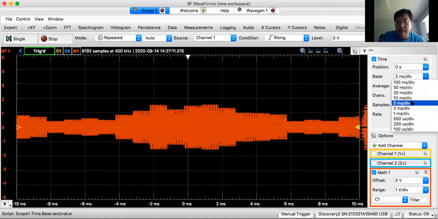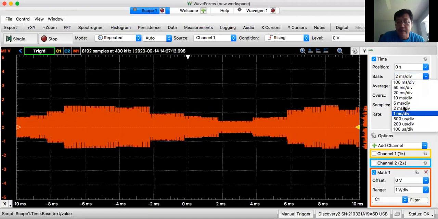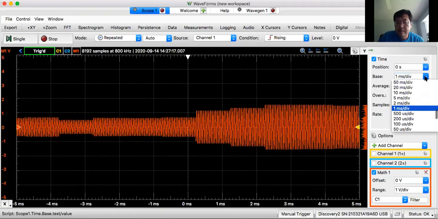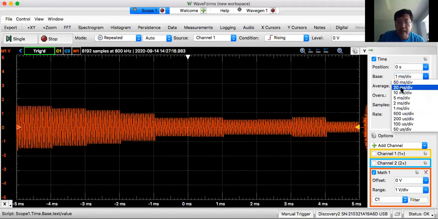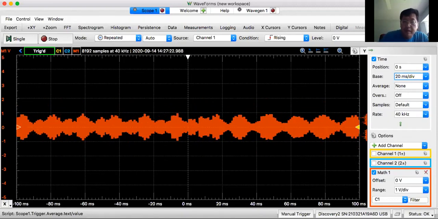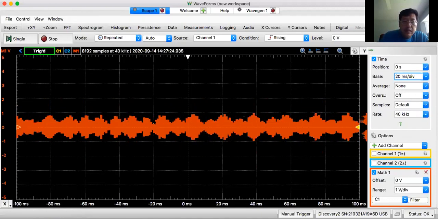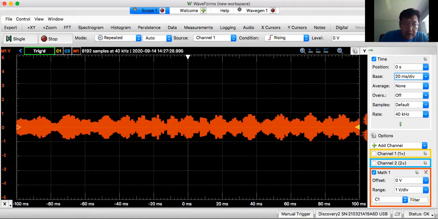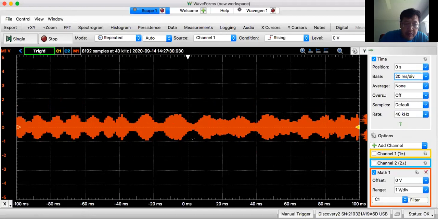Now we are looking at the AM station in time domain. Notice the upper envelope will be the music. So does the lower envelope.